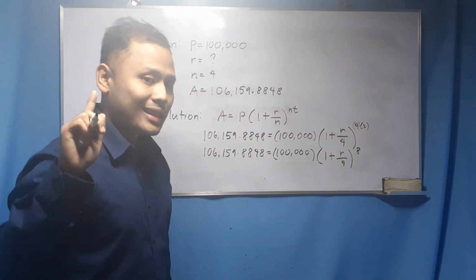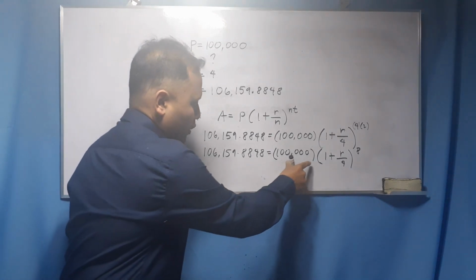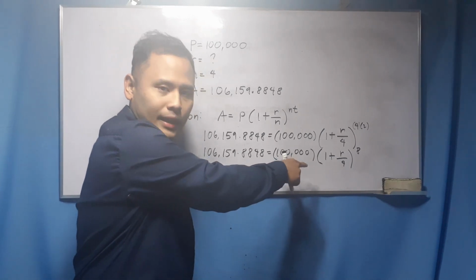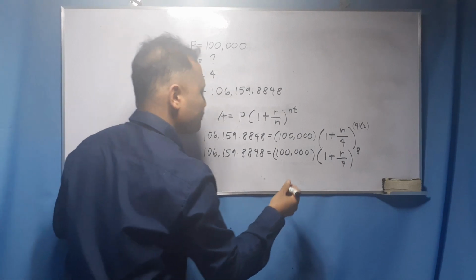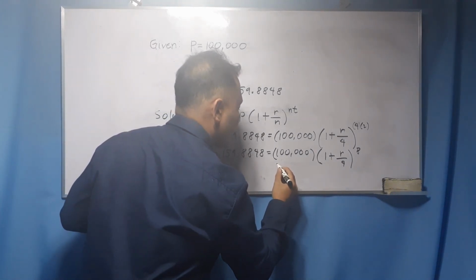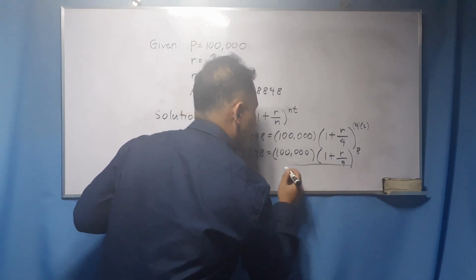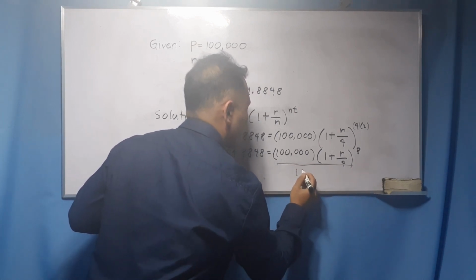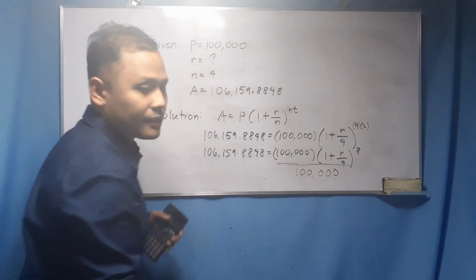Since we are really interested to solve R, we have to cancel 100,000 by division. So our divisor here is 100,000.